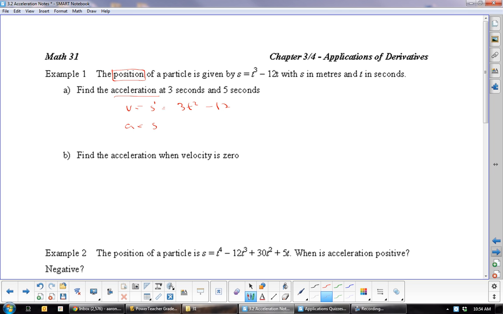Acceleration is s double prime, which would be 6t. So acceleration at 3 seconds would be 6 times 3, which is 18 meters per second squared. Acceleration at 5 seconds would be 6 times 5, which is 30 meters per second squared.